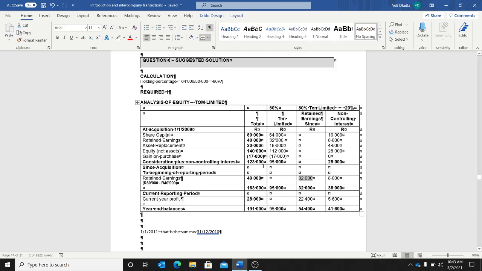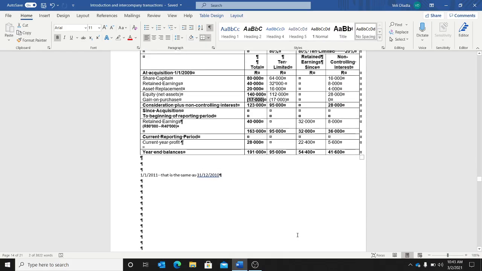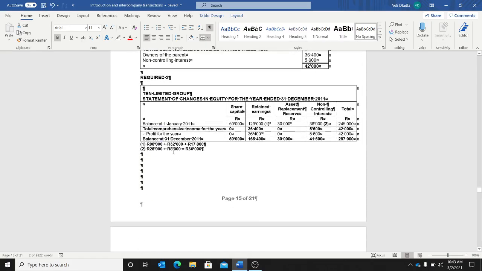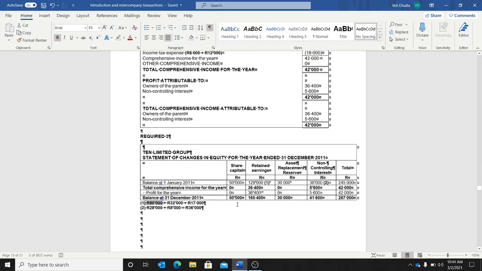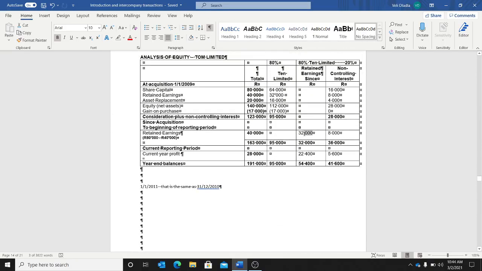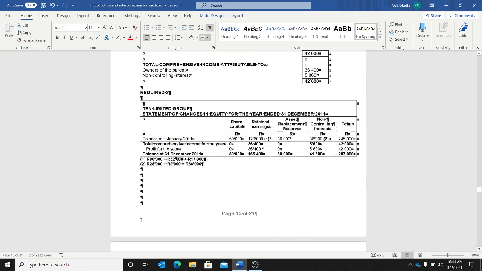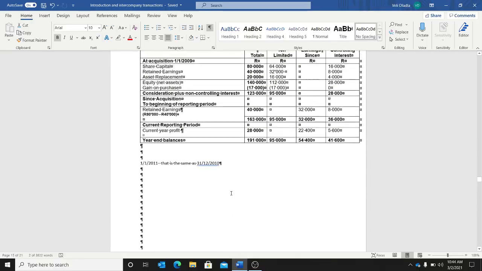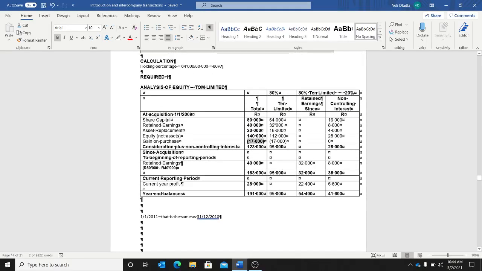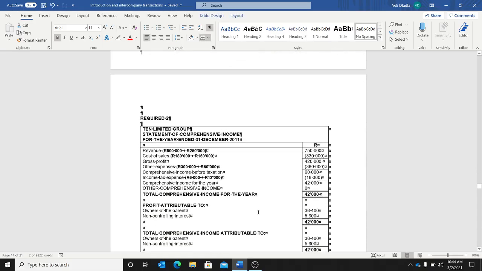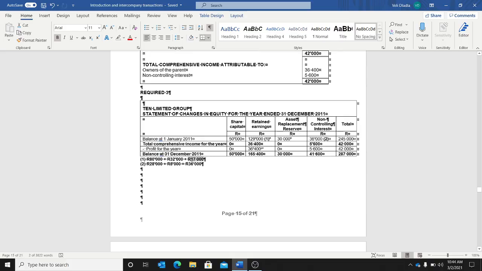But always remember that you must add this one. Okay. 17,000, the gain. So let's check the calculation. It says 80 plus 32, which is this 32 here, plus 17, which is this gain. Here it is. Okay. So it gives us the 129.